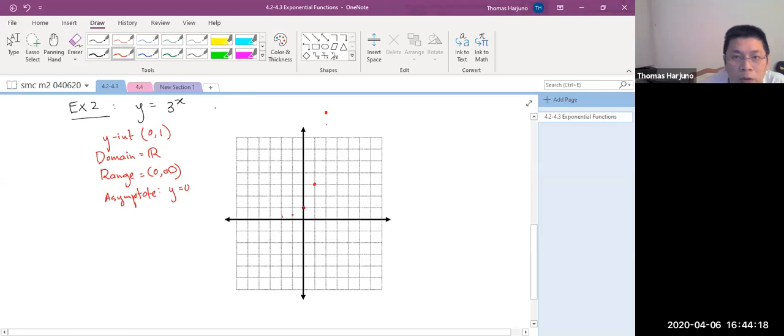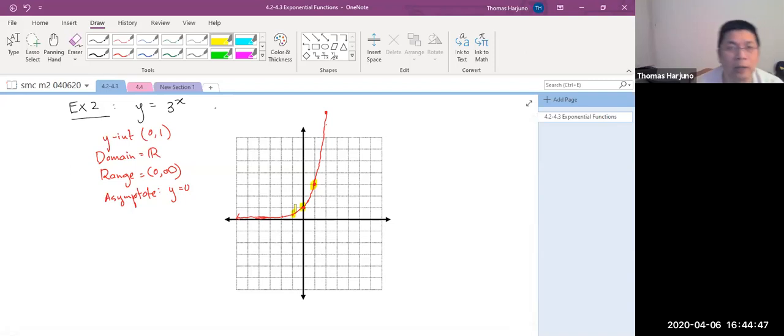So the graph will be approximately like this. It's very, very close to the x-axis here. Those 3 important coordinates are this guy, this guy, and this guy. I always want you to give me these 3 coordinates.